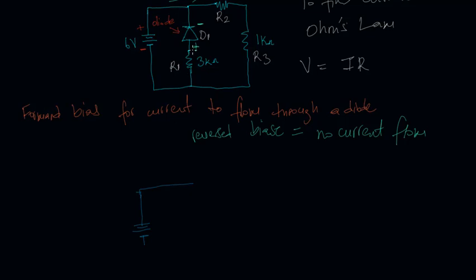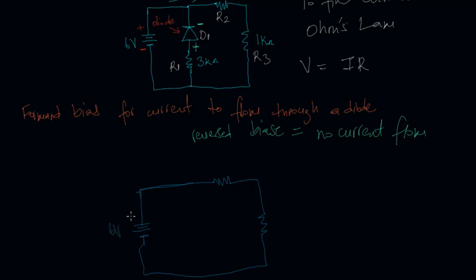Again, we won't have this branch of the circuit because we're going to ignore that because it's merely an open in the circuit. So I'll have my R2 resistor, and then I will have R3 resistor. So this effectively is my circuit.